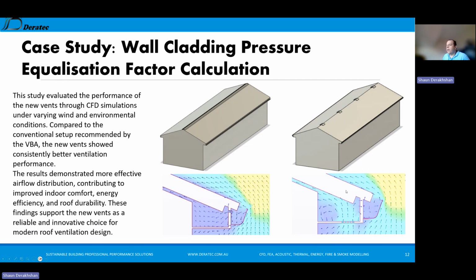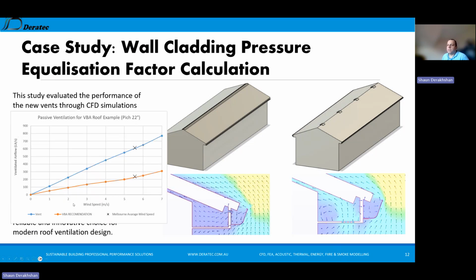So we compare both using CFD again for different wind directions and different wind speeds, and the result we have here, you can see, is for different wind speeds. This is the VBA recommendation. Their approach definitely has a higher ventilation airflow rate, and this cross is for Melbourne. So we can see definitely their approach is better than DTS or the VBA recommendation.